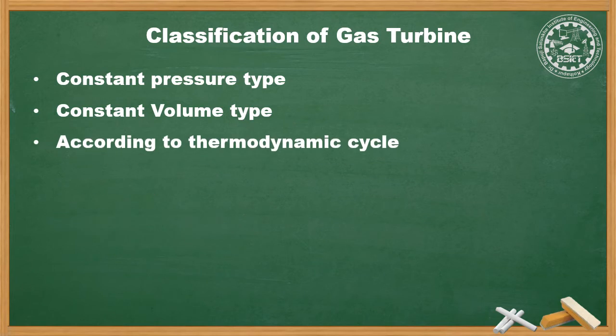The third is according to the thermodynamic cycle, that is, the working operation. According to the thermodynamic cycle, gas turbines are classified as Brayton or Joule cycle, that is constant pressure cycle, Atkinson cycle, that is constant volume cycle, and third is Ericsson cycle, that is constant pressure gas turbine using several intercoolers and reheaters.